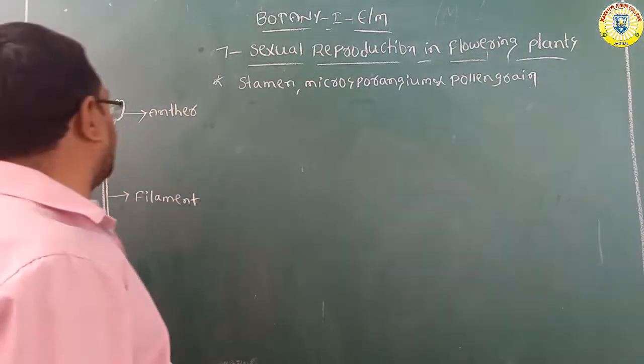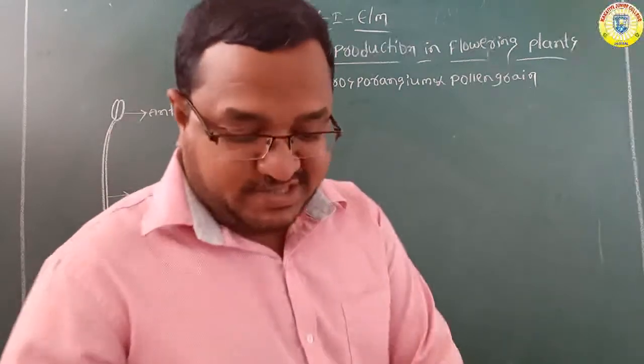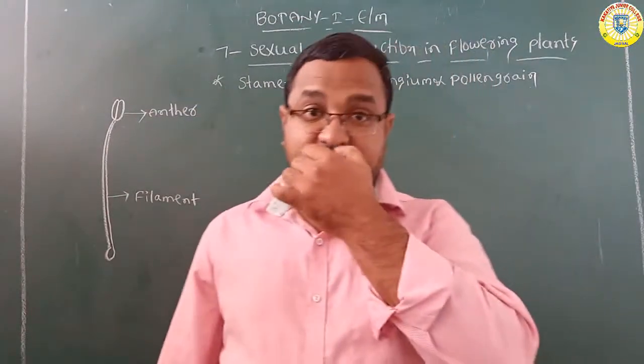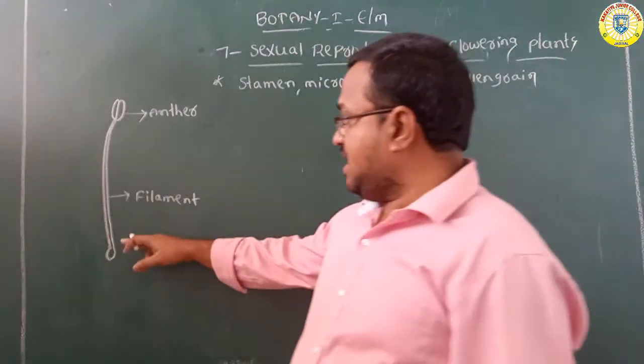So here you can see clearly each stamen having mainly two parts. One is the stalk-like filament.